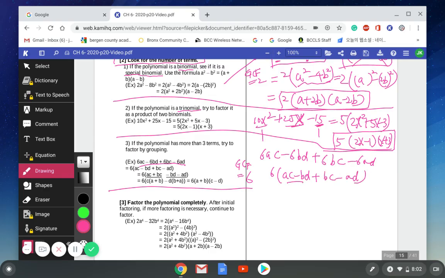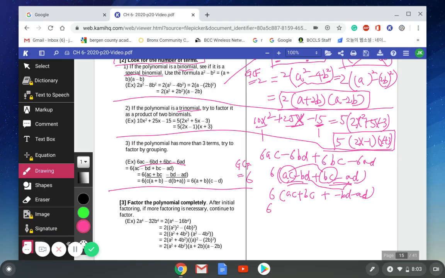Now you try to group by 2. If that doesn't work out, then you can rearrange them so that at least 2 of them have the same common factors. So I'm going to rearrange this into AC plus BC, this and this, because both of them have C's, and minus BD minus AD, because both of them have D's.